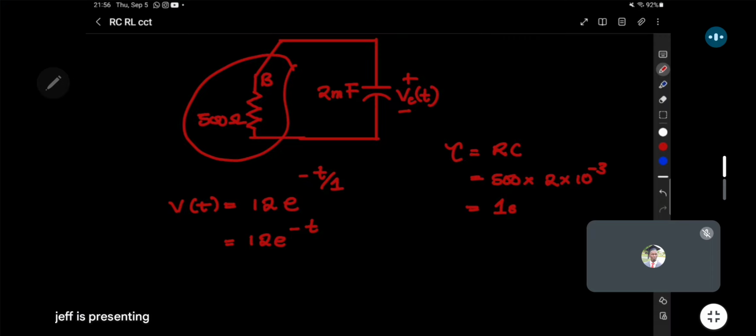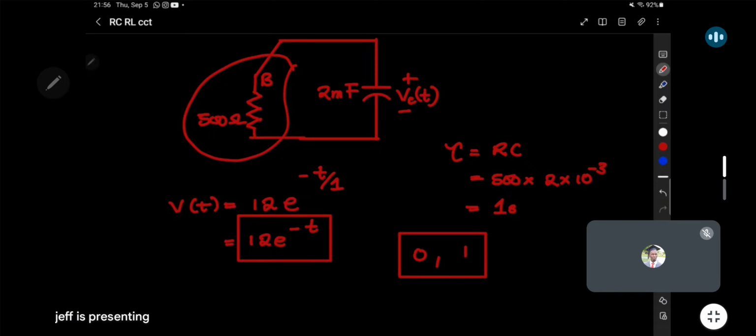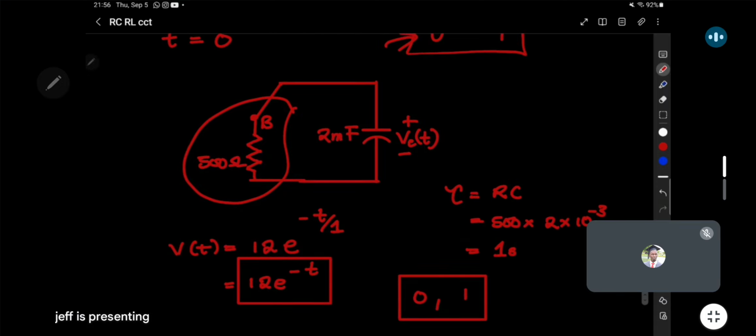So you have to understand that this expression is what will govern the voltage response for time in the range from 0 to 1 second. Because from 0 to 1 second, the switch is connected to point B, so the response will be governed by this behavior.